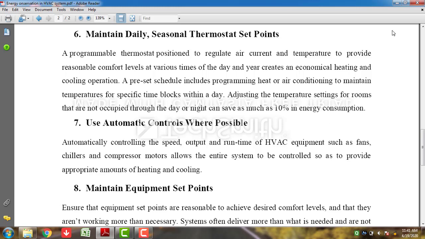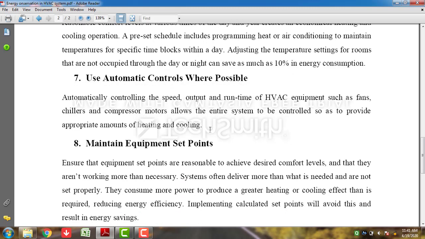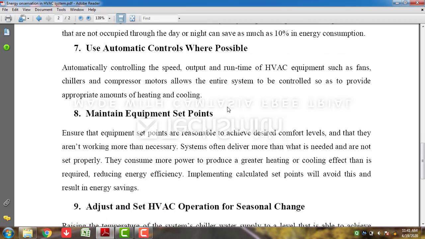Fine. Next point, use automatic controls where possible. It is also part and parcel of the remote controlling system. Nowadays there are many applications or air conditioners which we can control with the mobile. You already know Mi mobile can control many air conditioners.